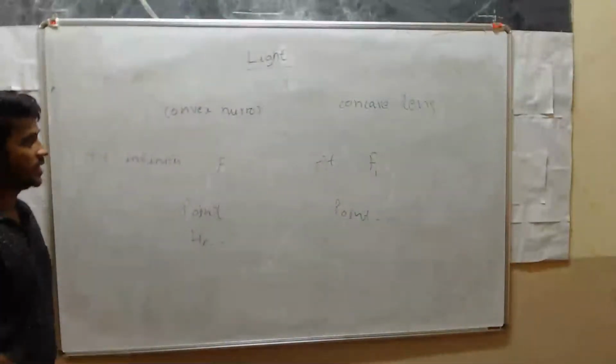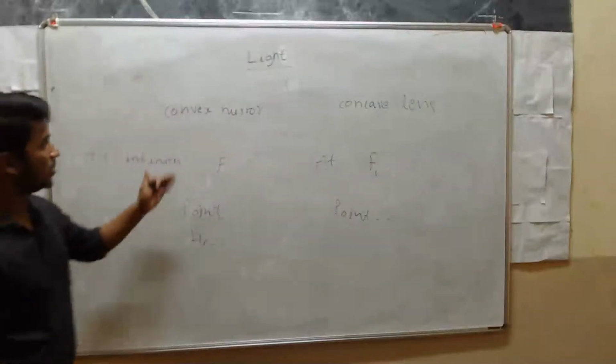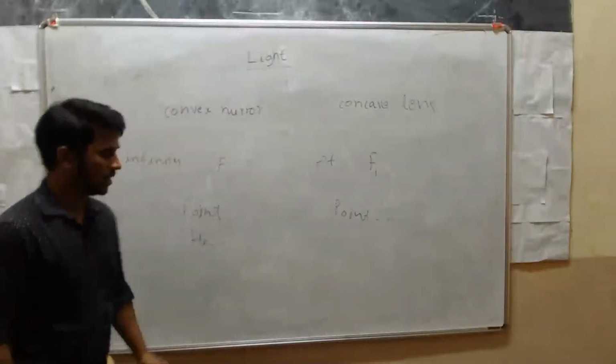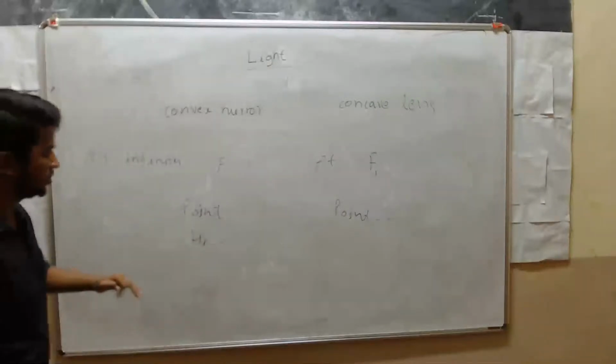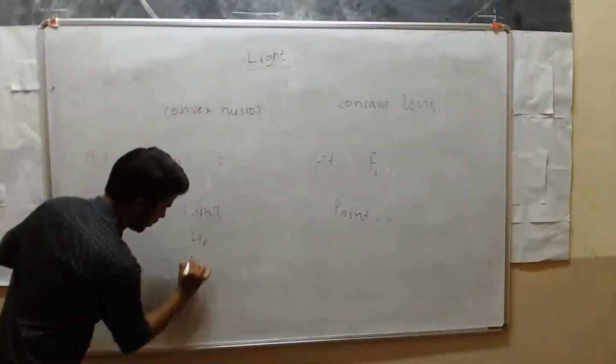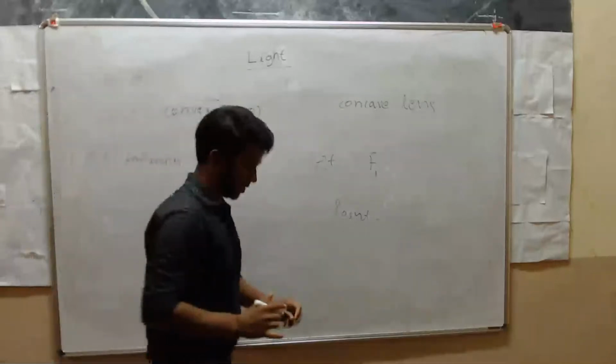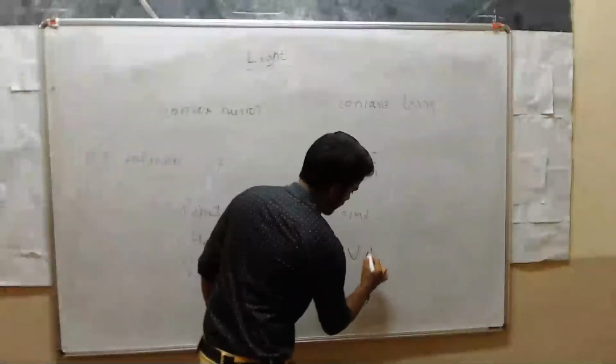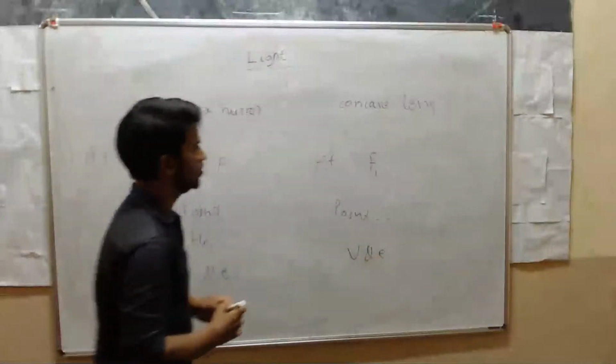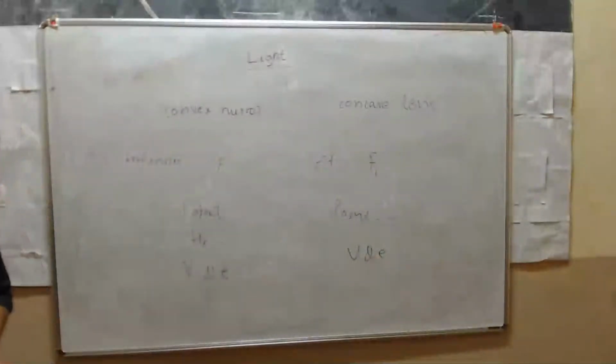Already we have studied that the images formed by a convex mirror are always virtual and erect. So the nature of the image is virtual and erect. Then what about the nature of the image in a concave lens? Here also the nature of the image is virtual and erect. Okay. So next.